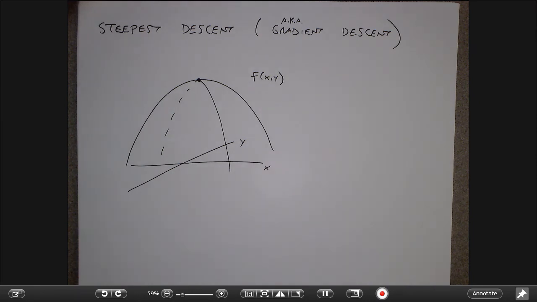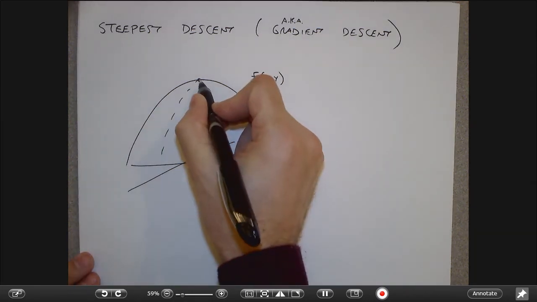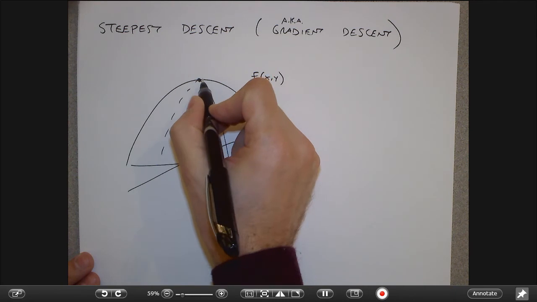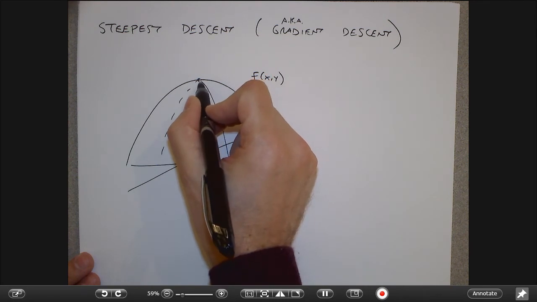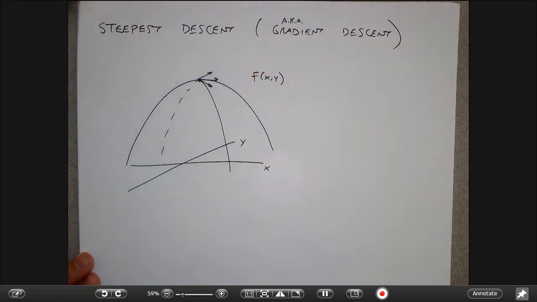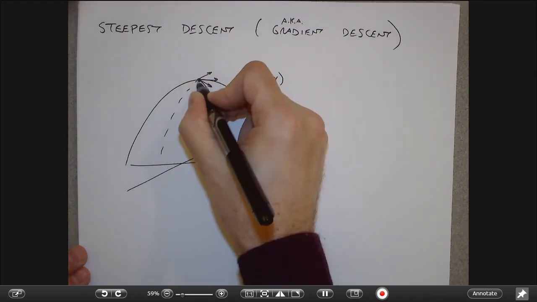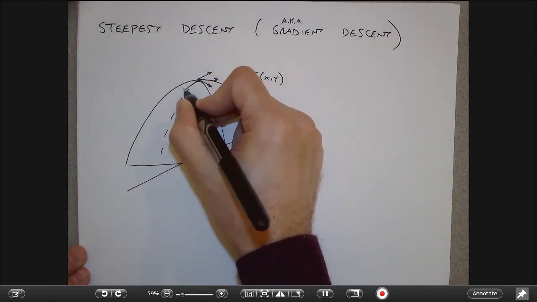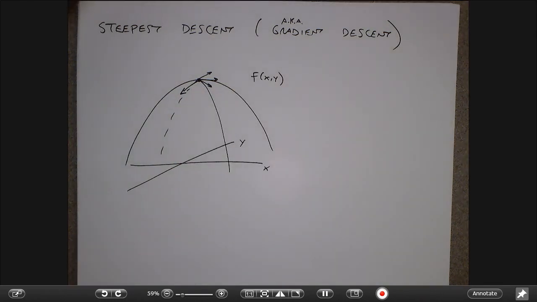If I had a function of x and y, I have the option of taking a vector u, so I can take the derivative in this direction or that direction. I'm asking how rapidly the function increases or decreases in that direction. The definition, in some sense, of the gradient is the direction where the decrease of that function is the steepest. The gradient points in the direction where things get smaller the fastest.